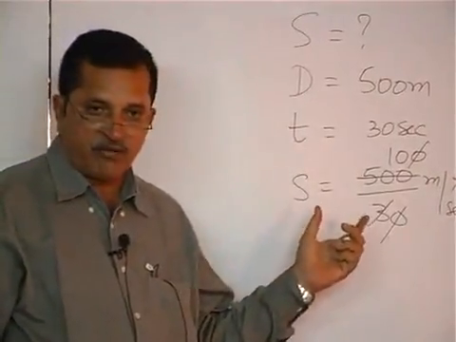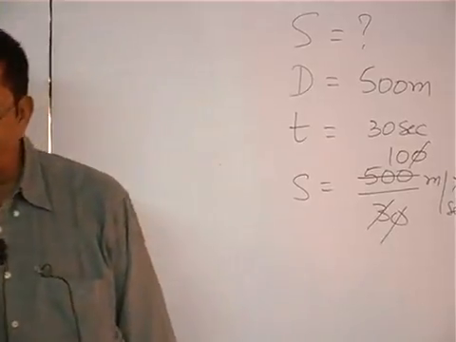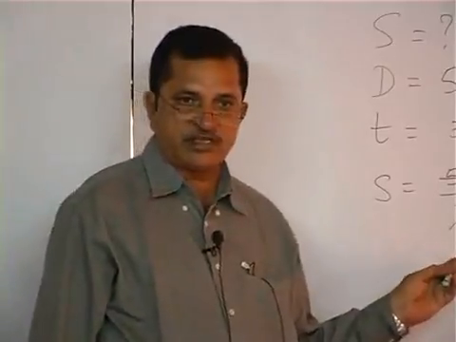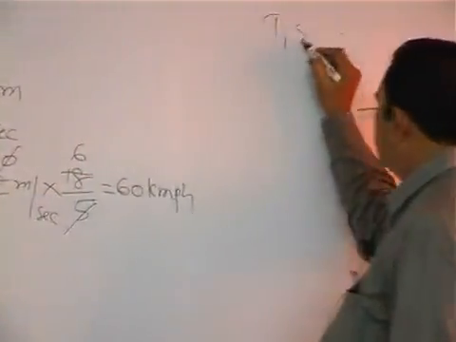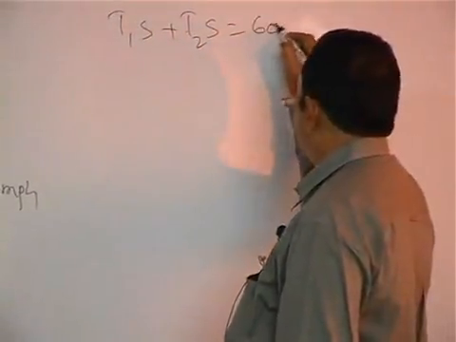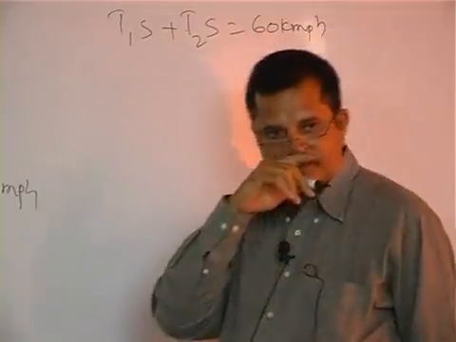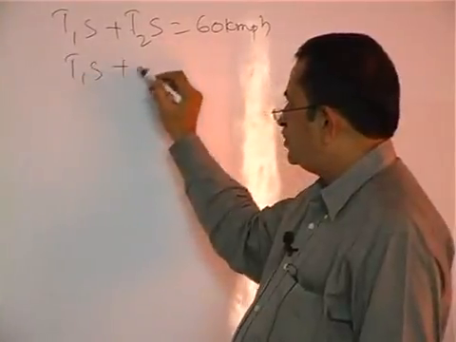The speed what we got here is relative speed, is it not? Since both the trains are moving in the opposite direction, train 1 speed plus train 2 speed is 60 kilometers per hour. First train speed we don't know.